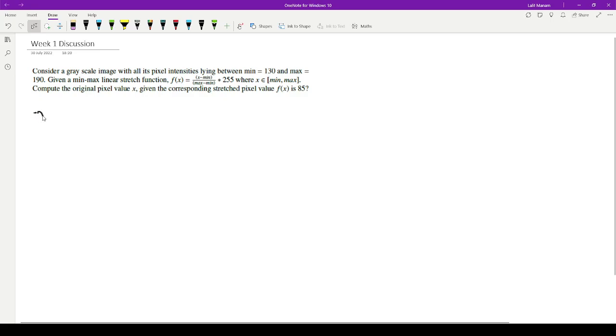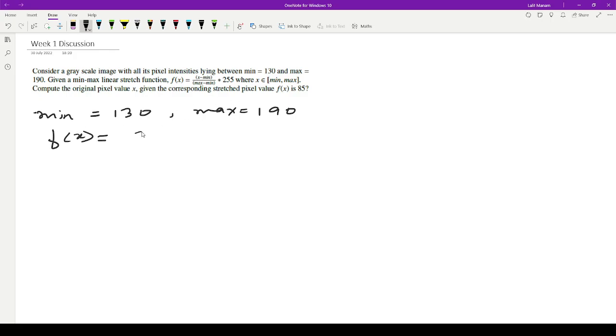so we are given the minimum value as 130 and the maximum value as 190, and we just need to use the function given out here. The function is (x minus minimum, which is 130) upon (max minus min).